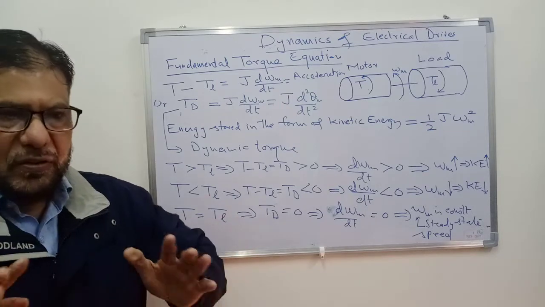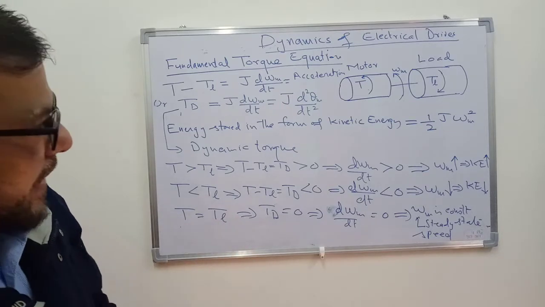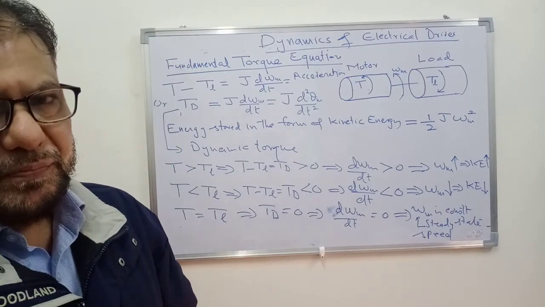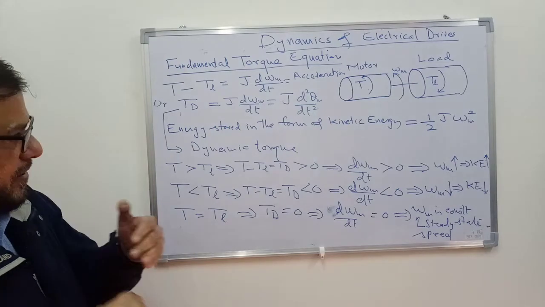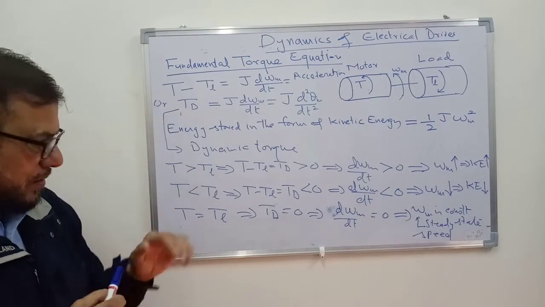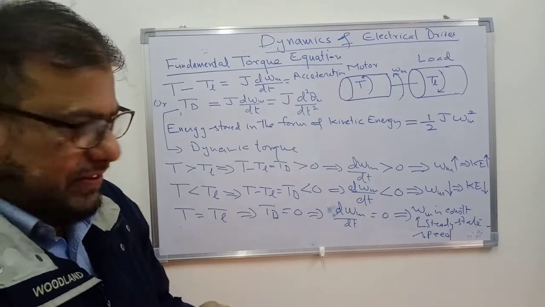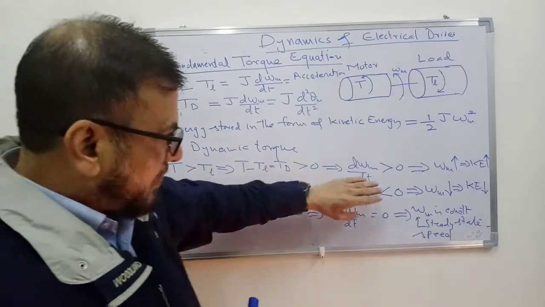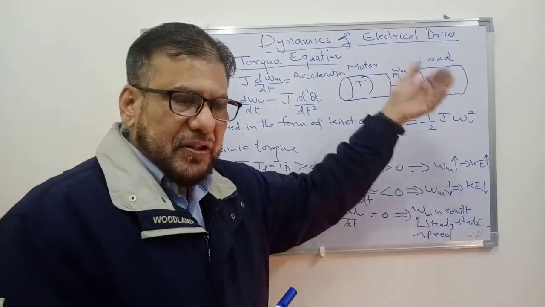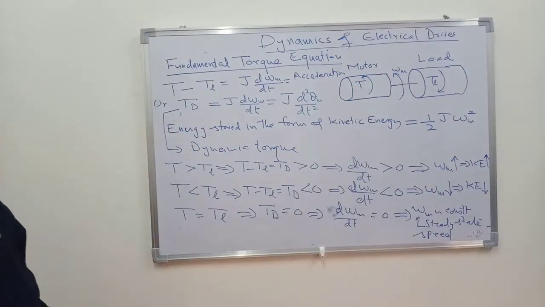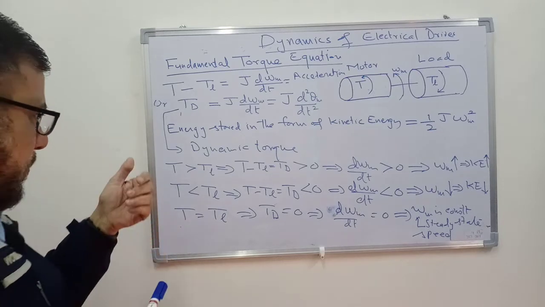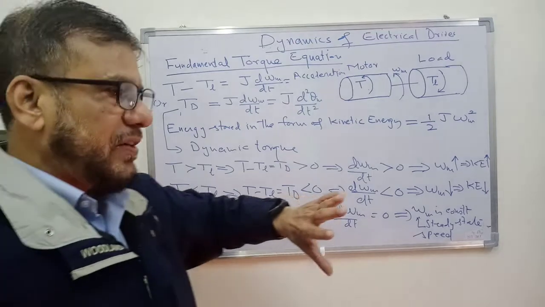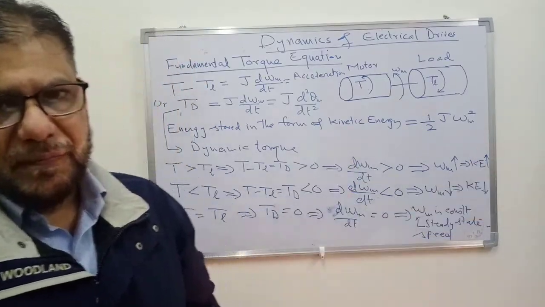Suppose the motor is running at a constant speed and somehow you increase the torque produced by the motor. What will happen? As soon as the torque becomes more than the load torque, dynamic torque becomes positive, the motor starts accelerating, speed increases, and finally when motor torque becomes equal to load torque, the motor will start running at the new value of speed.